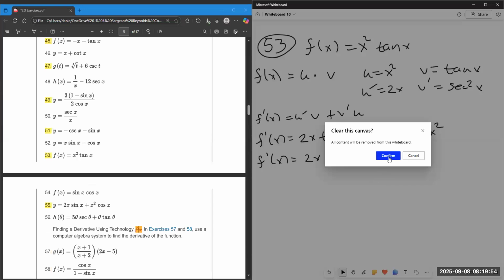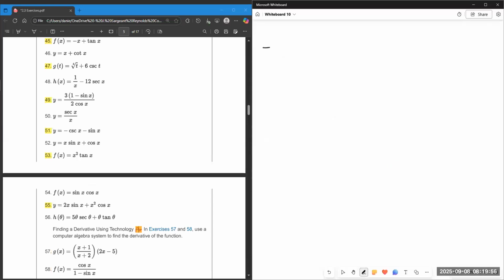So if y is equal to 2x sine of x plus x squared cosine of x, then we're going to have two product rules.